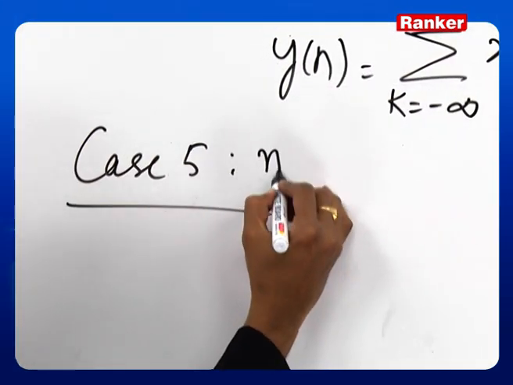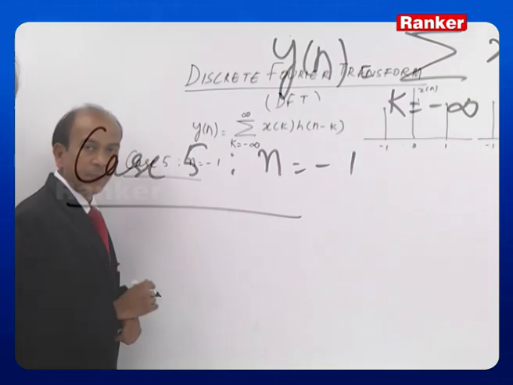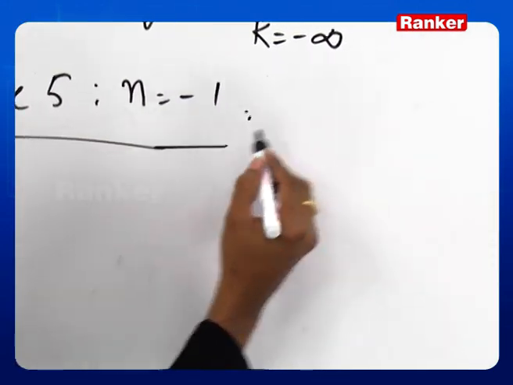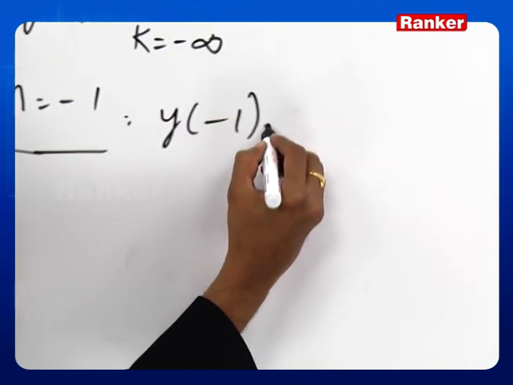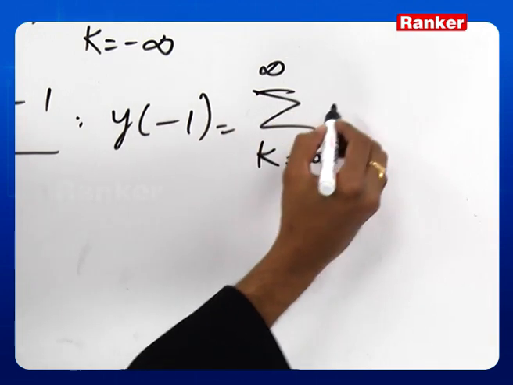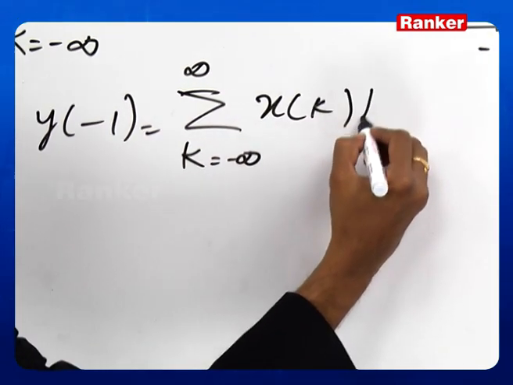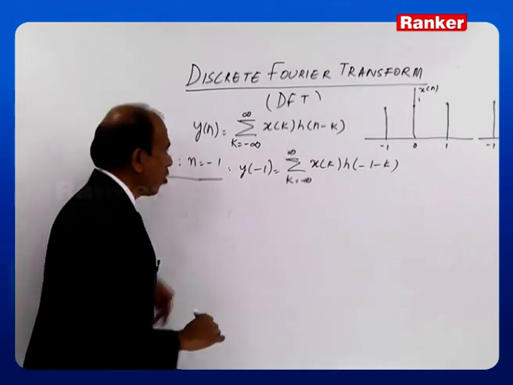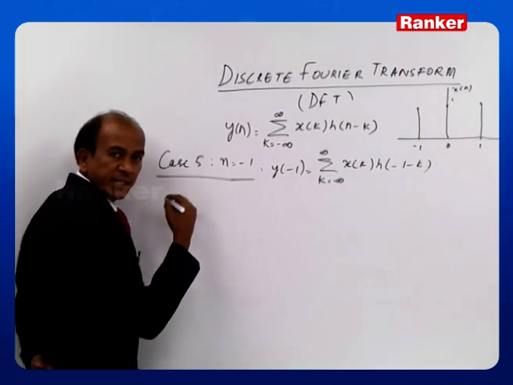I will take n is equal to minus 1. So, what will be my y of minus 1? This will be equal to the summation over k from minus infinity to plus infinity of x of k h of minus 1 minus k. So, let us see this value, how much we will get. Let us see now, see the summation now.